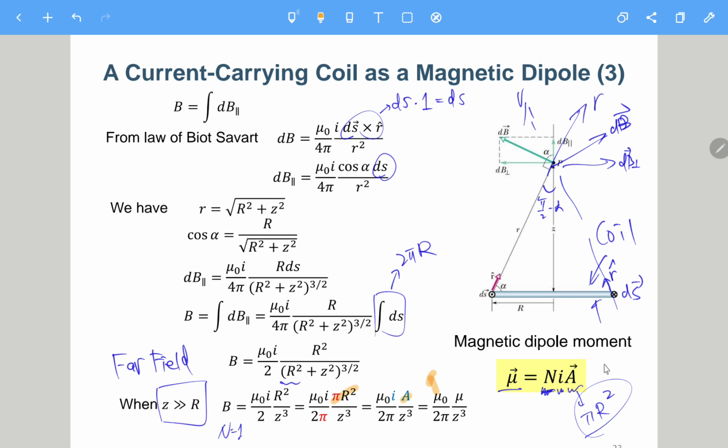This is the permeability constant, this is the magnetic dipole moment. Although they are both mu, this is mu naught, this is mu. They are different things. This is the permeability constant. This is the magnetic dipole moment. Okay, so finally we get this expression.